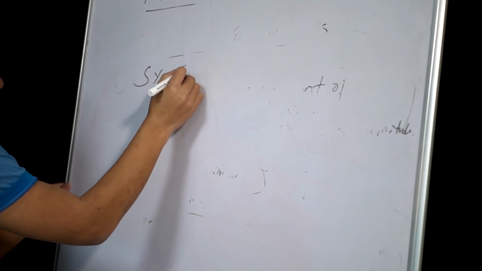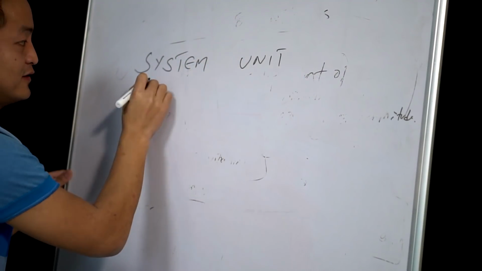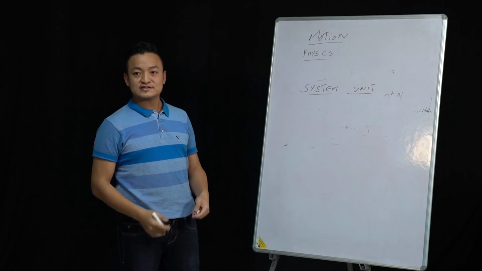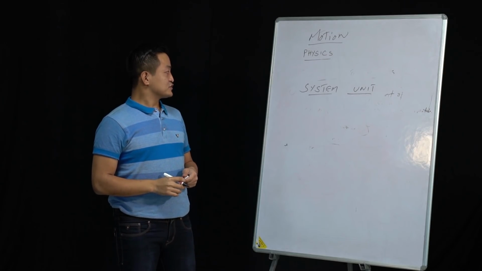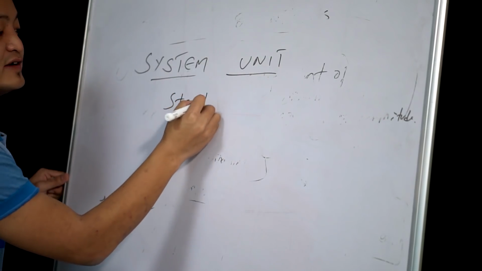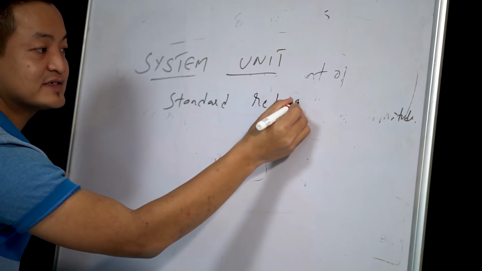Clear, students? System of unit. In physics, we have different units, and these units are very important. So these units are a standard reference. Clear? A standard reference.